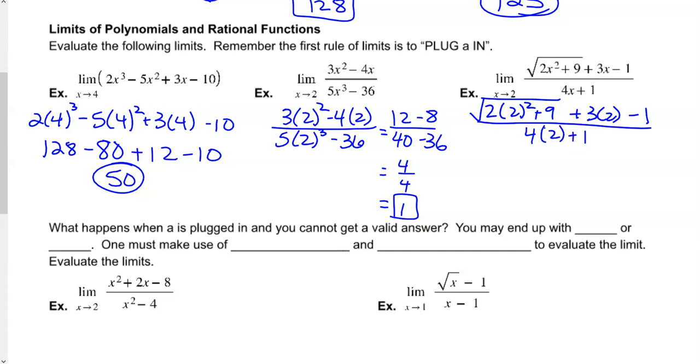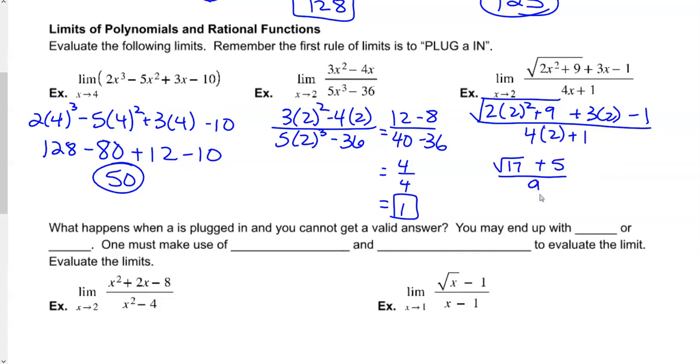So here, I would simplify underneath that radical first. So this gives me 2 squared is 4 times 2 is 8 plus 9 is a square root of 17. Unfortunately, 17 is a prime number, so we wouldn't be able to break that down. Then I have plus 6 minus 1, so I'm going to combine those as a plus 5. And then all over the denominator, this gives me an 8 plus 1 gives me a 9.